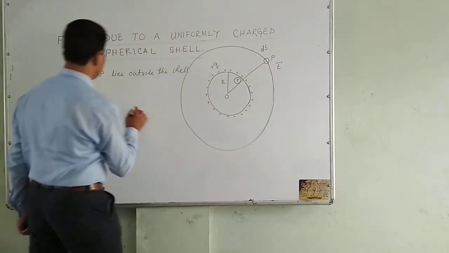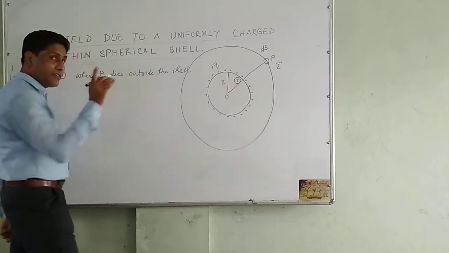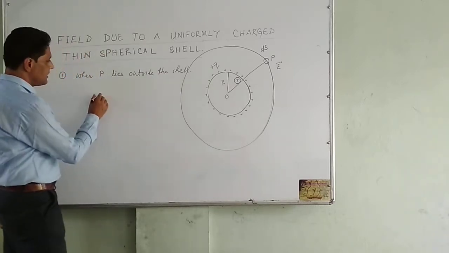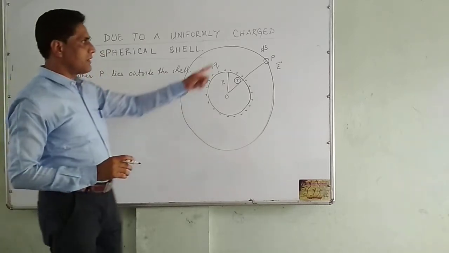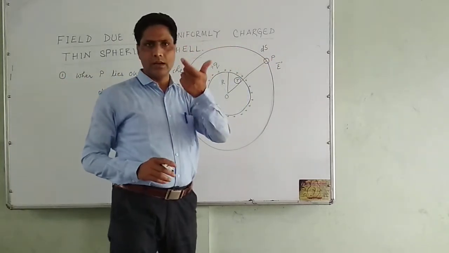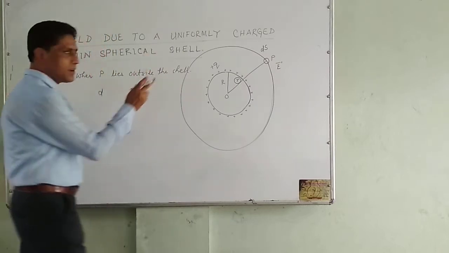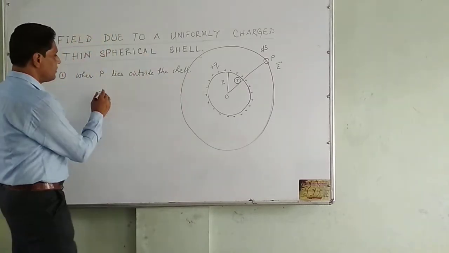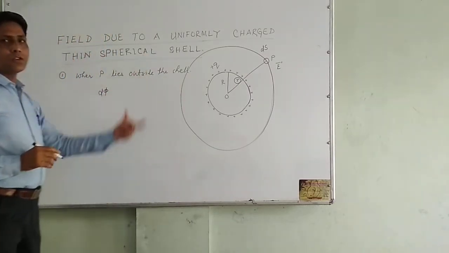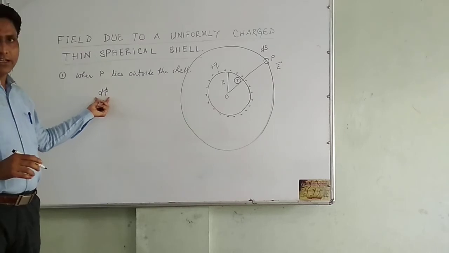Here, by definition of electric flux, since the surface element is very small, the electric flux linked to it will also be very small, so let us call it d phi.